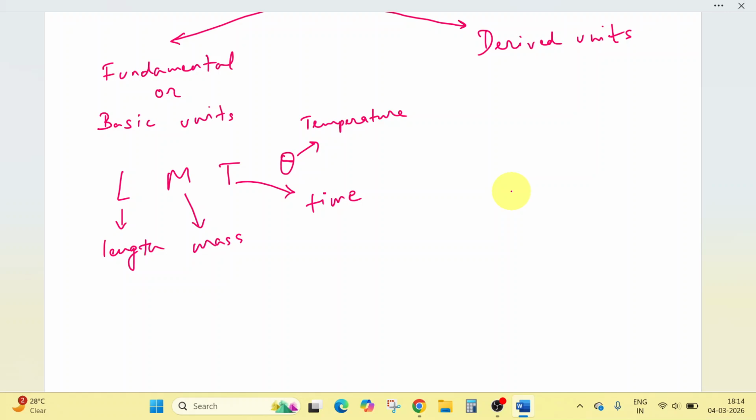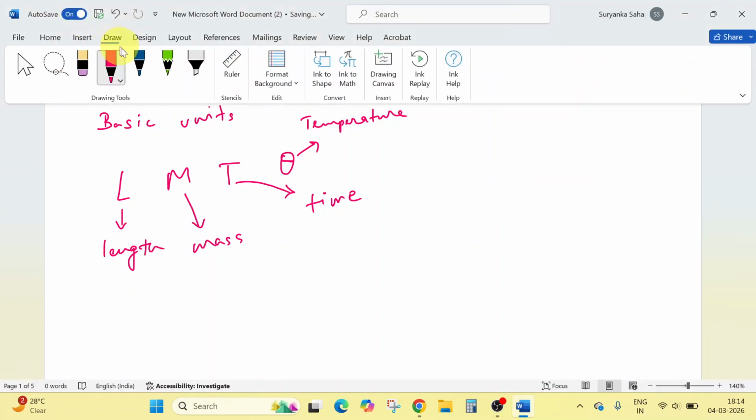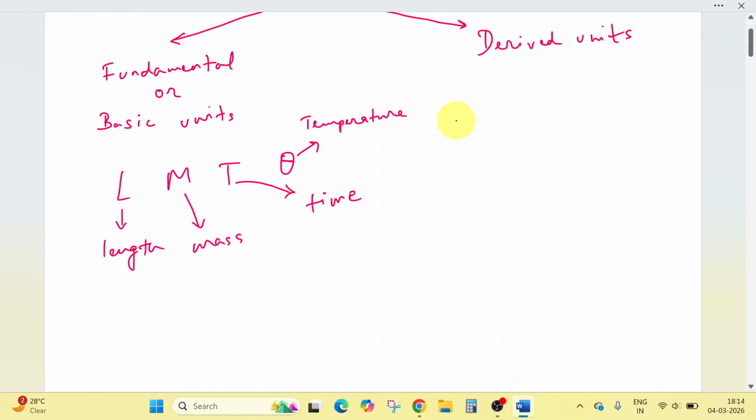Okay, chalo. Now we are talking about the derived units. Now, if I say area, is area fundamental or derived? It's a derived unit. Why? Because area is equal to what? Length square. Length into length. Because length is fundamental.